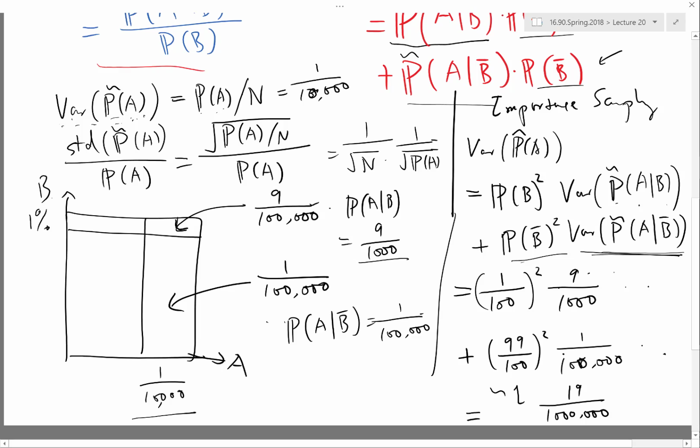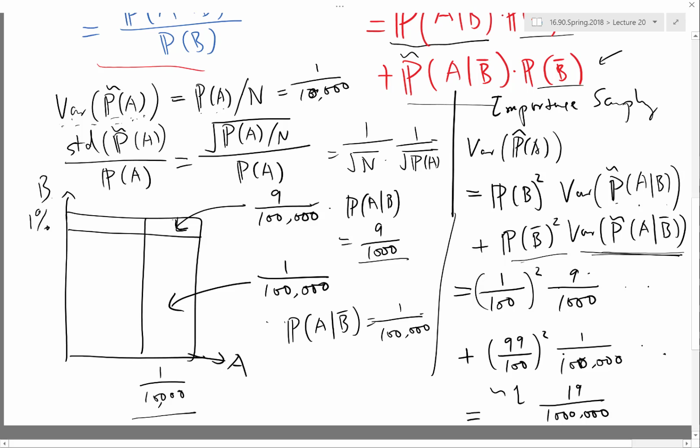You said that the probability of A given not B is 1 over 100,000, but for probability of A given B, the denominator became 1,000, not 100,000. Yes, this is because B has a 1% likelihood of happening, right?